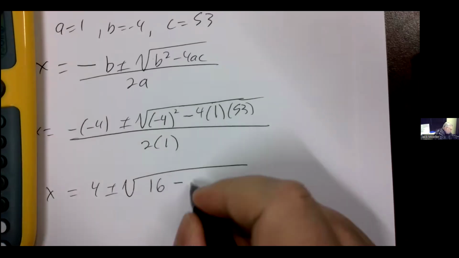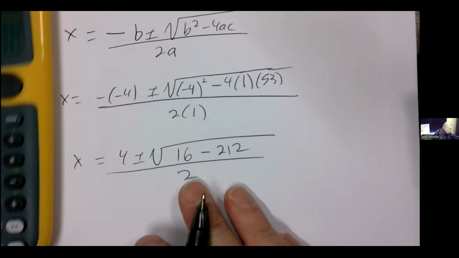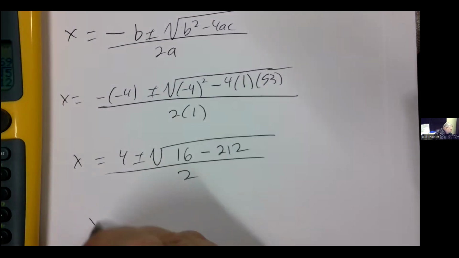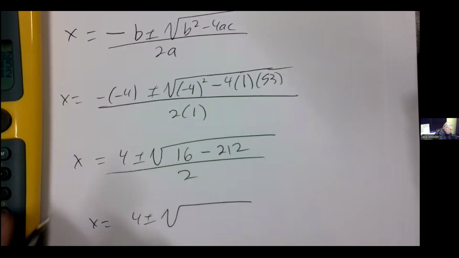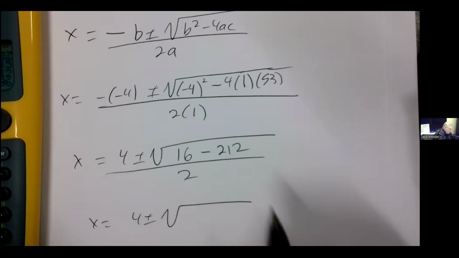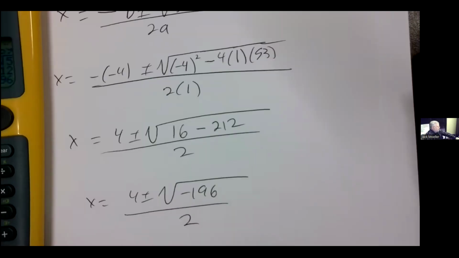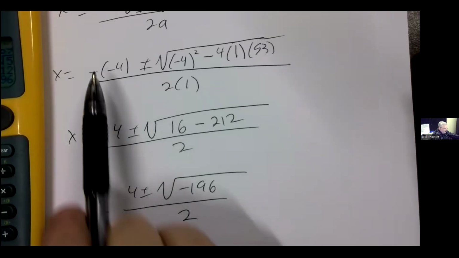If you do it all at once, don't do the radical; just do inside the radical on your calculator. So that's 196, and it is negative. That's the first part of simplifying the quadratic formula: dealing with that negative out here, dealing with that square root, and then 2 times whatever a is.